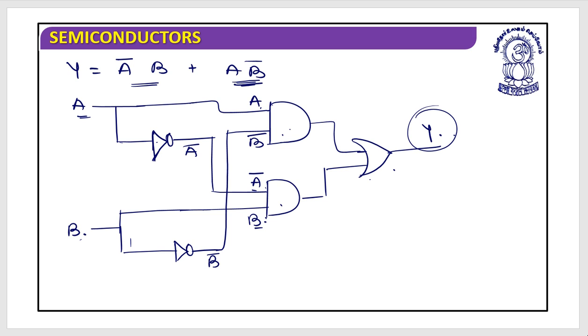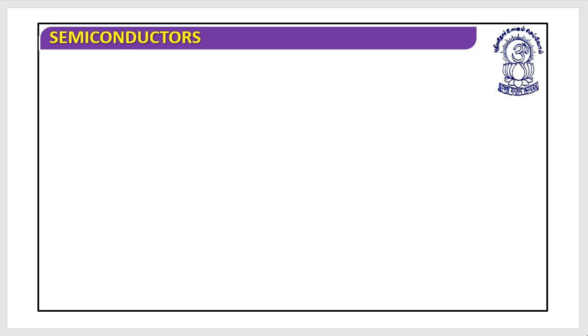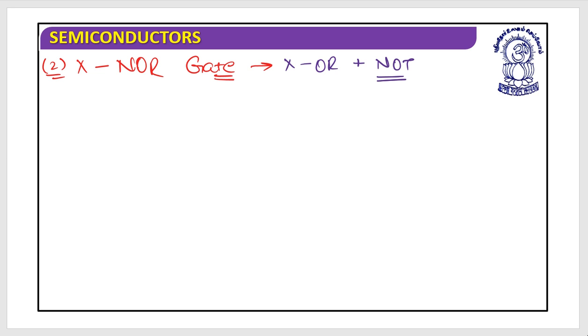Great. So this was XOR, and we have been left with one more gate, which was XNOR gate. So basically this XNOR gate is the XOR gate plus NOT gate. If I look at the Boolean algebra of it, it's Y is equal to A bar B plus AB bar, whole bar.